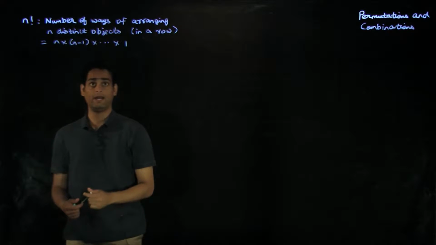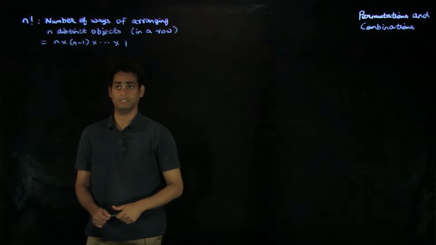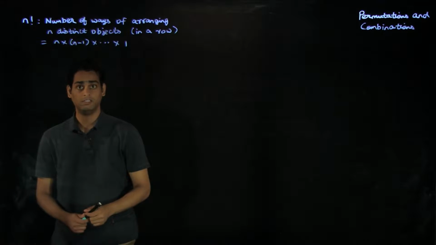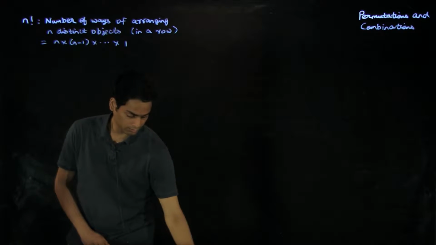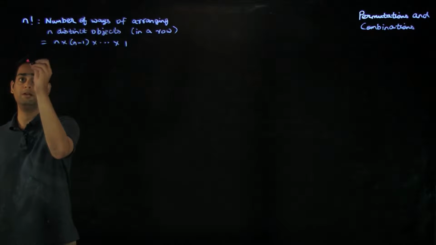For any natural number n, you can compute n factorial in this fashion. So a generalization of the concept of factorial is what is called permutations.